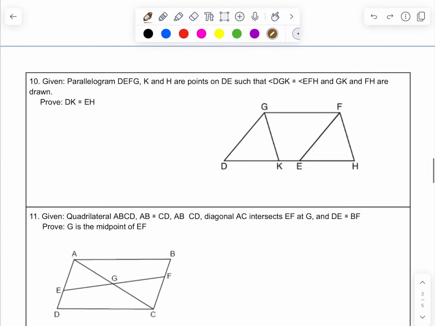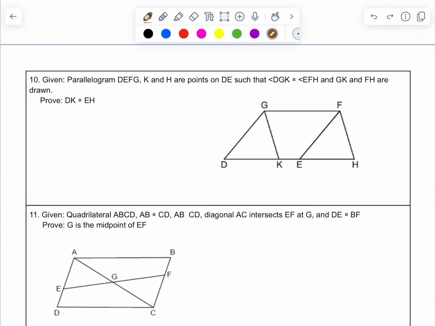Okay. Next proof. So we have parallelogram DEFG. And it's a parallelogram. So everything we know about parallelograms applies. I don't want to go start marking everything because that's going to get confusing. So I like to take a look at the proof statement and see what's actually going to help me.